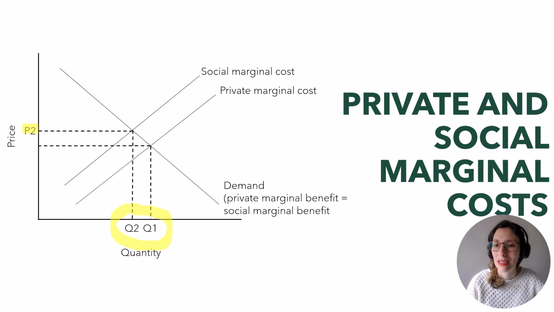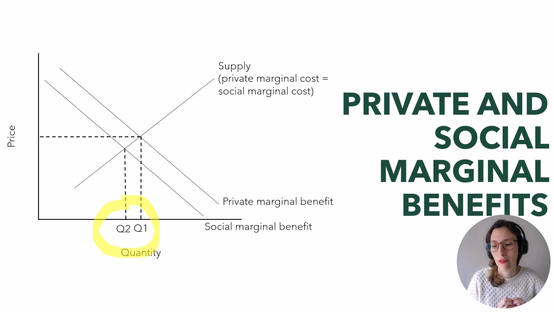In this case, the market generates more of the good or service than is desirable from society's perspective, because private decision makers are not facing the full social cost, which in this example is indicated by P2. The same logic applies to situations of overconsumption. The only difference is that in that case, the inefficiency would be illustrated by adjusting the demand curve rather than the supply curve.